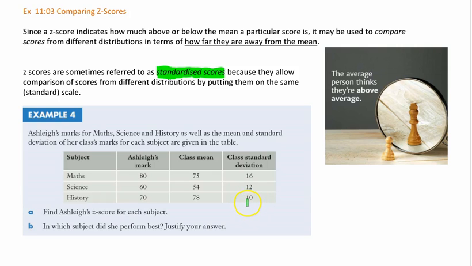Sorts of things we can know without doing any calculation. History doesn't have a very big standard deviation, so the scores were more tightly packed around the mean. And a bigger standard deviation was found in the maths results, so they were quite spread out.